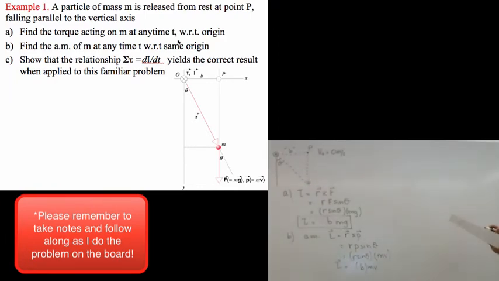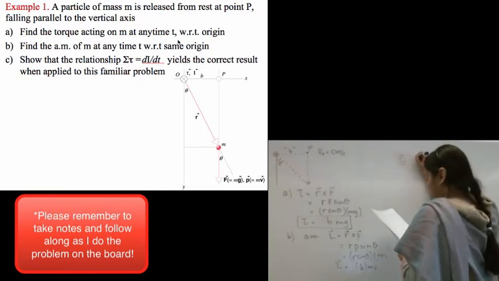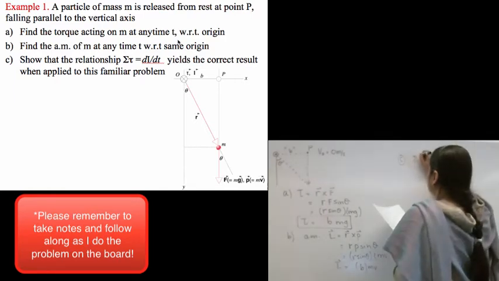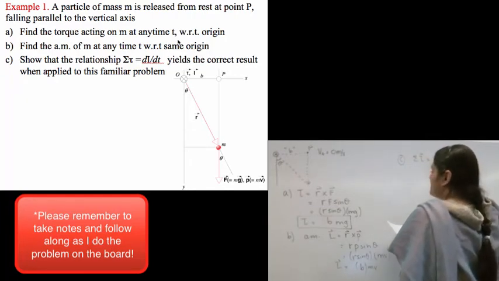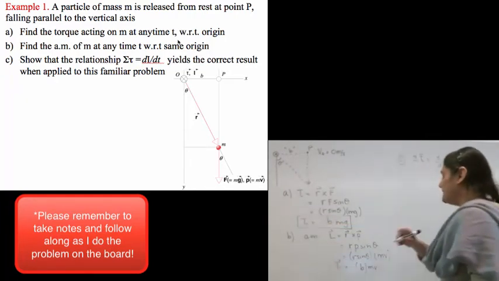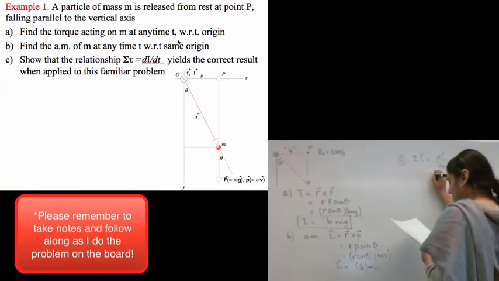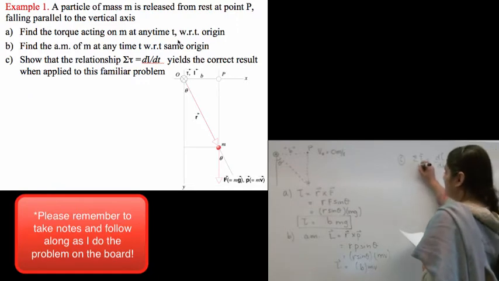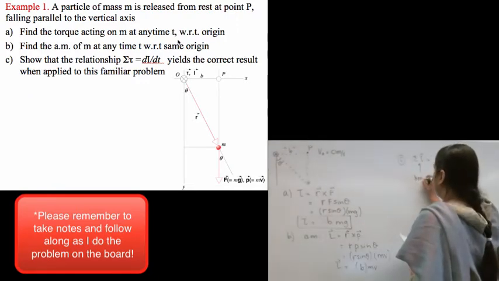The third problem, for part C, it's saying show that the torque is equal to dL over dt. So I have a torque and I have an L. Okay, so what can I do? I can actually put in this value over here, which is going to be my torque value, which is Bmg.